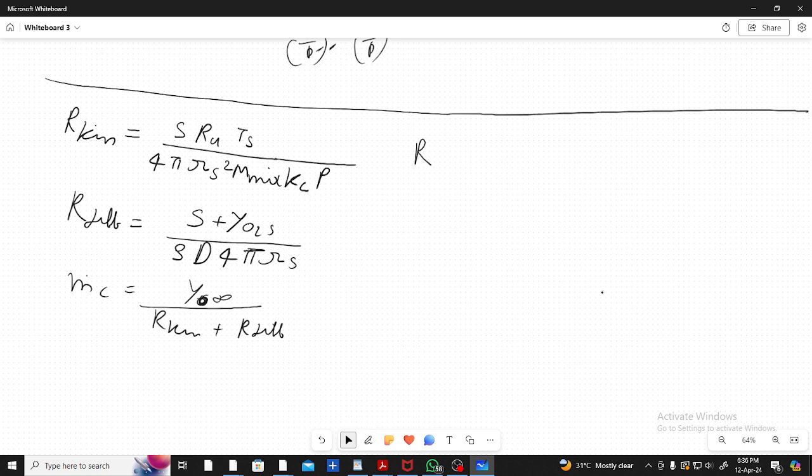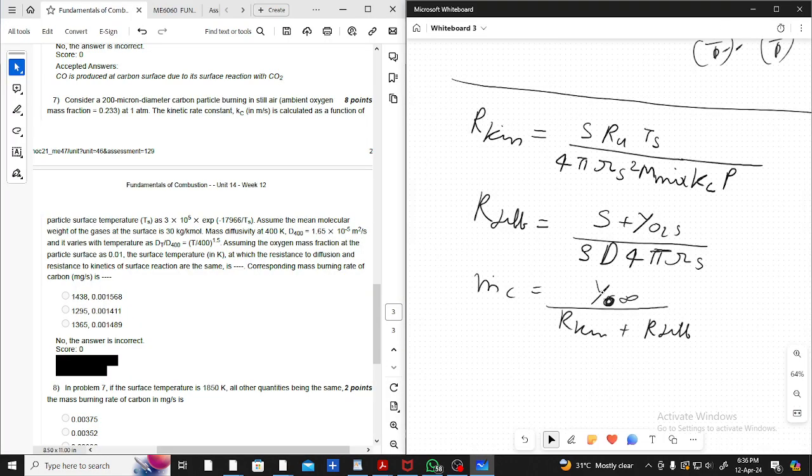Guys, are you getting what I am saying? In this question, they are saying that the resistance to the diffusion and the resistance to the kinetics of surface reactions are the same.